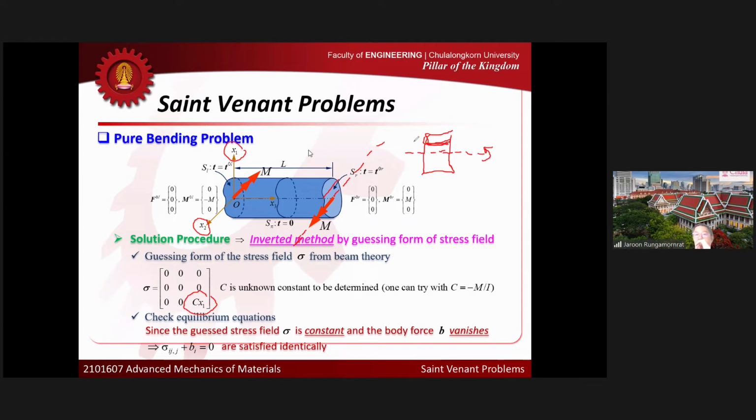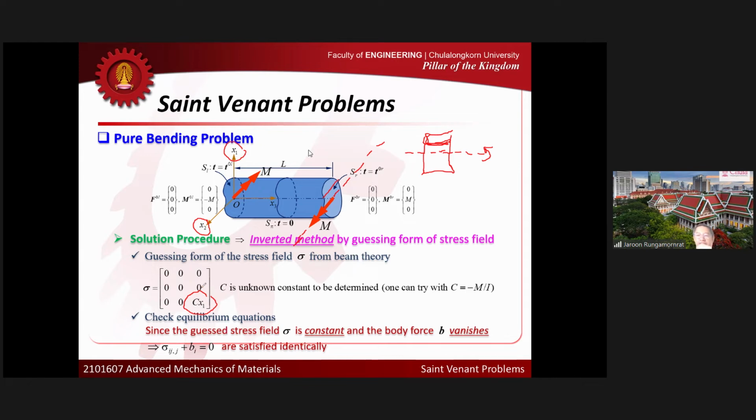So it will not depend on the coordinate in that direction. The same here, so the dependence on x2 should be eliminated. That is from the beam theory.